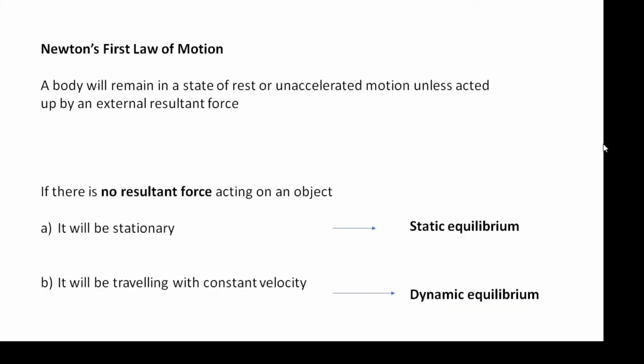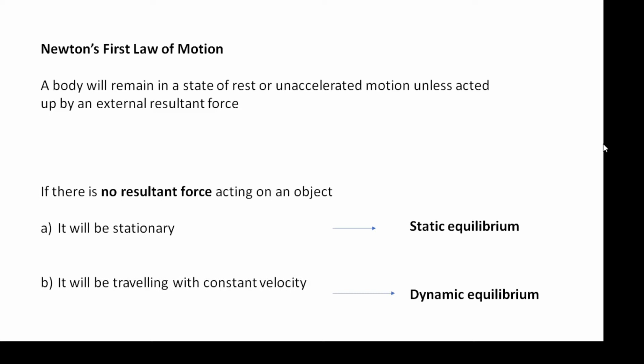Newton's first law: a body will remain in a state of rest or unaccelerated motion unless acted upon by an external resultant force. Basically, if there is no resultant force acting on an object, resultant as in if you add up all the external forces acting on it and you get 0, then it's going to be stationary, it's not moving.